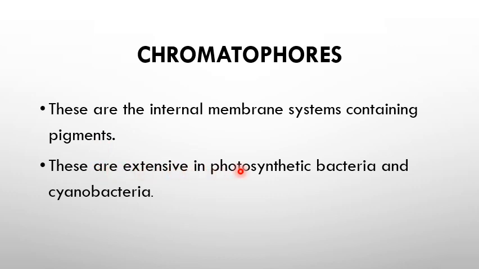Examples of photosynthetic bacteria are sulfur bacteria and cyanobacteria. Cyano means blue-green algae, and the blue-green color is because of the chromatophores. So these are also extensions like the mesosomes. They are internal membranes, but they contain the pigment and they give a color to the bacterial cell.